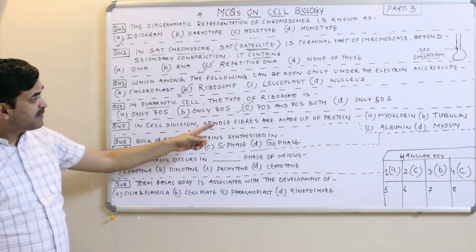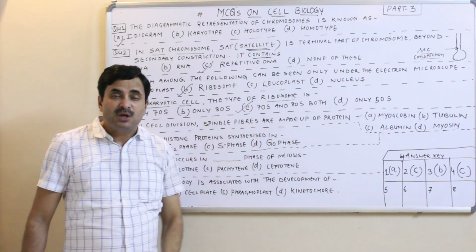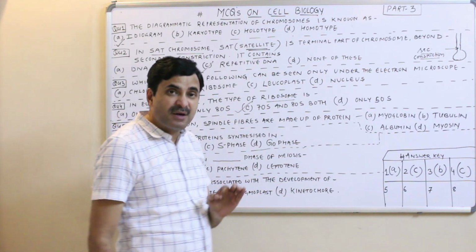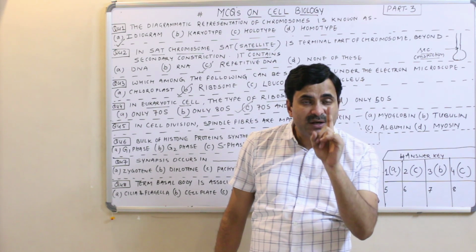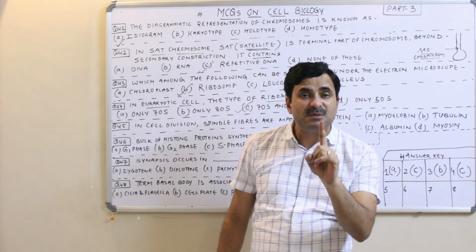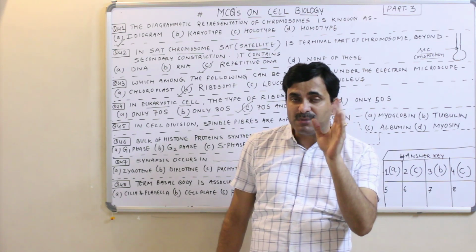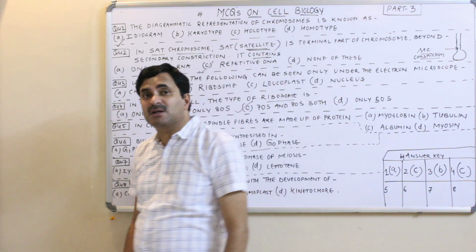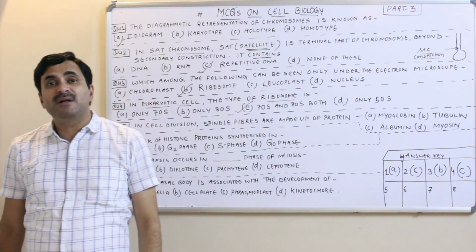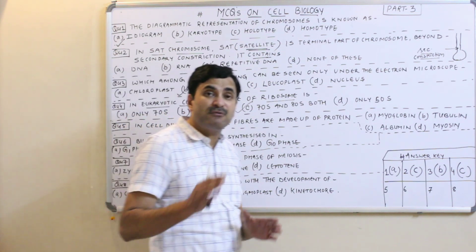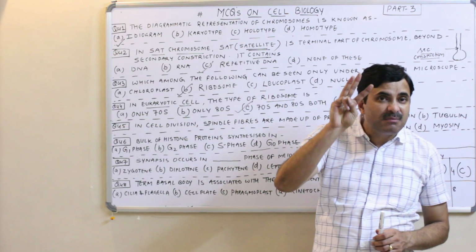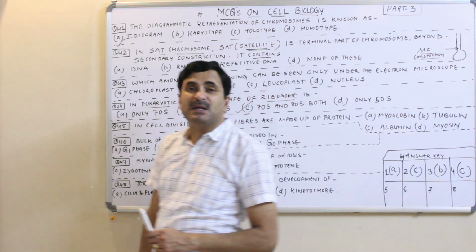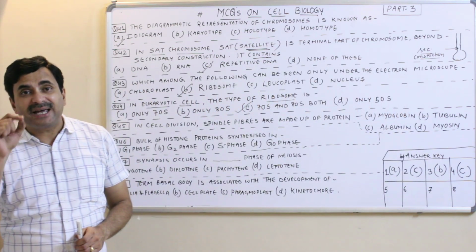Now the question is, spindle fibers are made up of which protein? So always remember, 97% of the spindle fiber is made up of tubulin protein, and only the remaining 3% is made up of RNA.